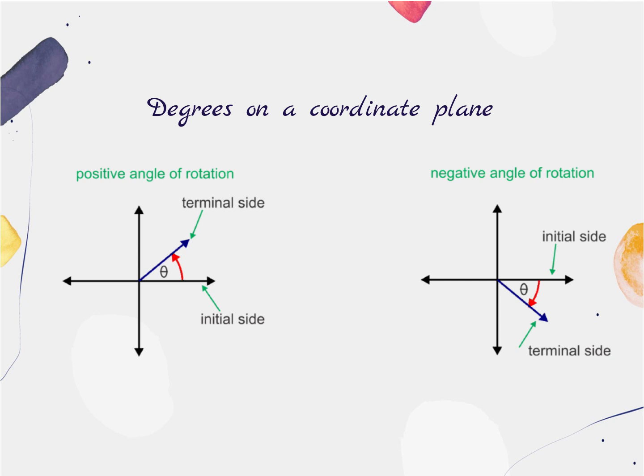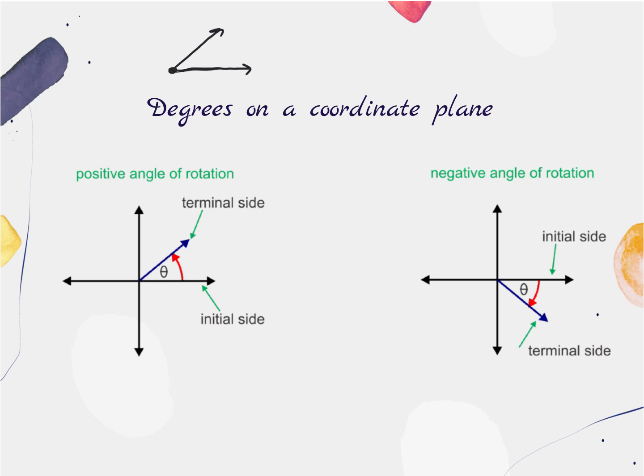All right, so we're going to start with degrees on a coordinate plane. Now, degrees is just a way that we measure an angle, right? And if you remember from geometry, an angle in its most basic form is just the measurement of the space between two rays. A ray has an endpoint, but it doesn't have an end.